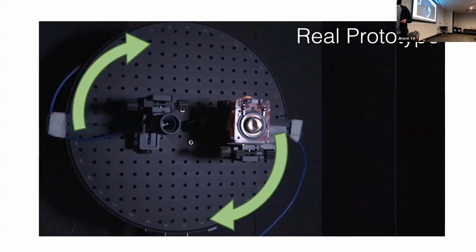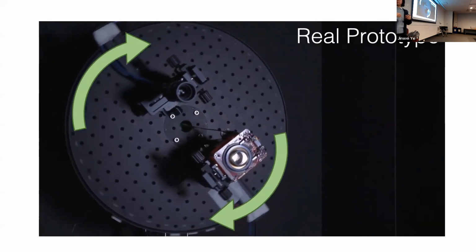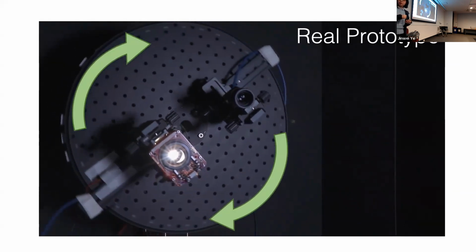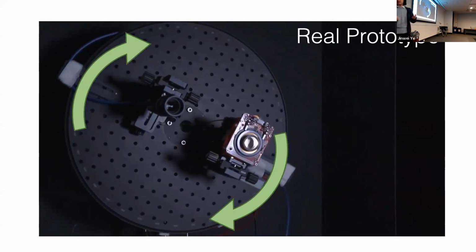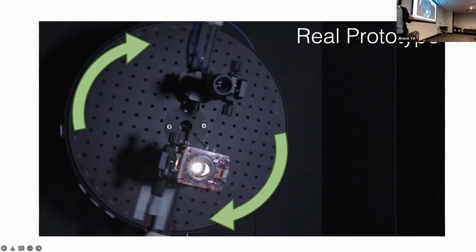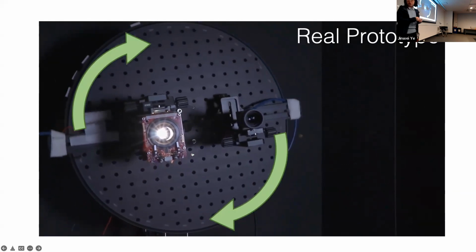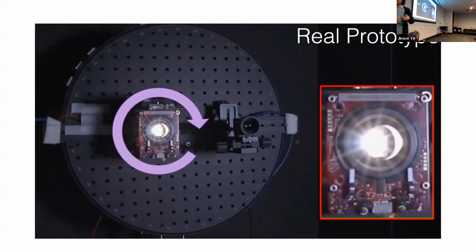We capture the pair by rotating this wheel, which can be precisely controlled such that the positions of the camera and light source are precisely exchanged. We also rotate the polarizer in front of the light source to capture images under different polarized light. In this case, the polarizations of the light sources are orthogonal.